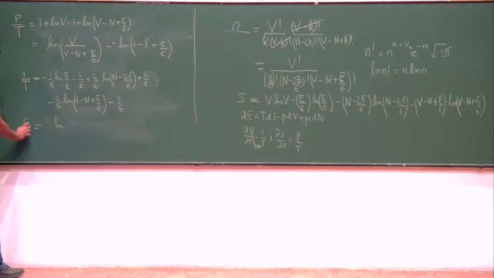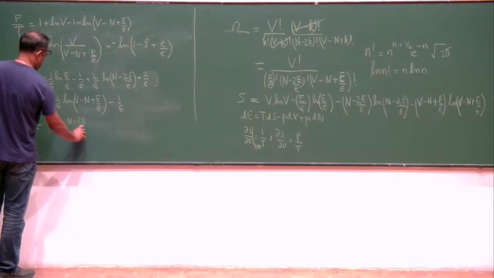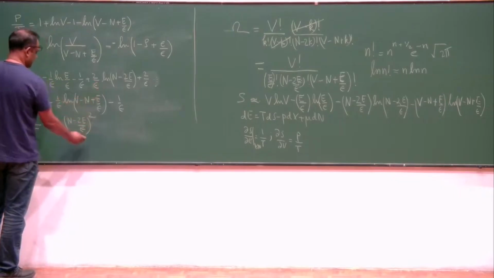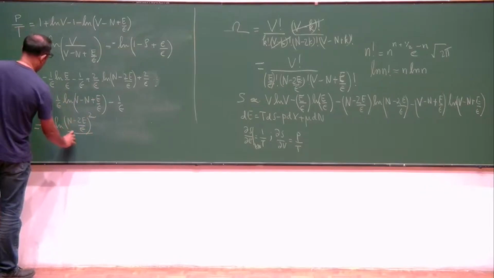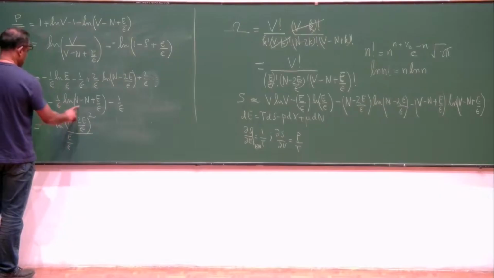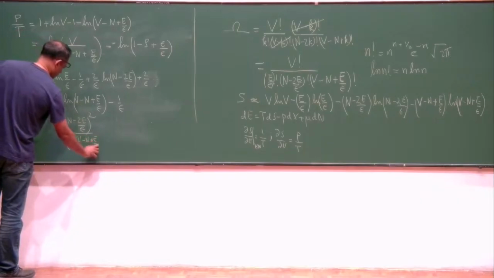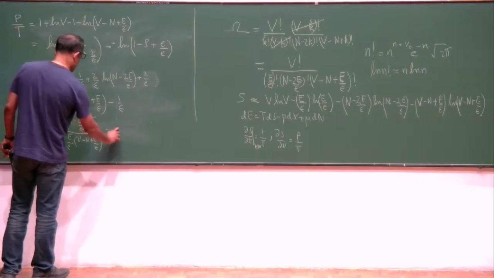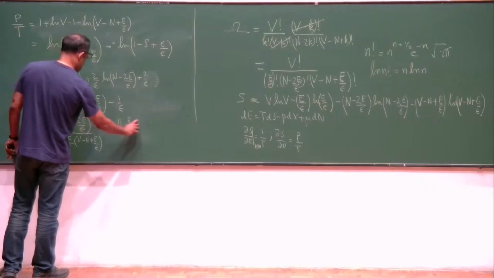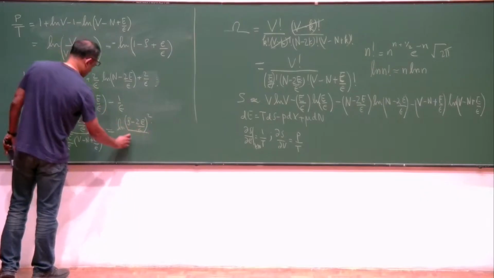So epsilon by T is equal to log N minus 2E square by E by epsilon, V minus N. And then I can take my V common outside, which is log rho minus 2E by epsilon by E by epsilon.